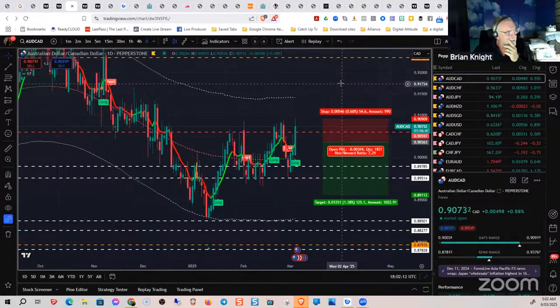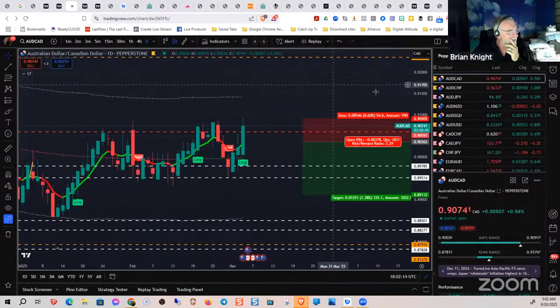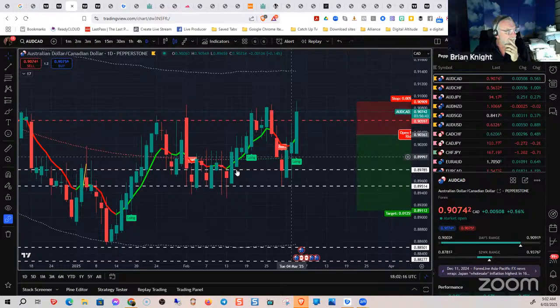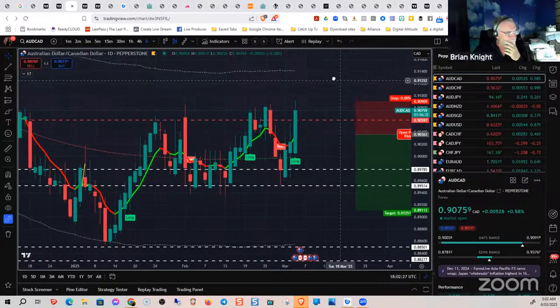So the thing that I'm looking at for this was entry about here, because we went from green to red, had a short, then it's just pulled back up again.